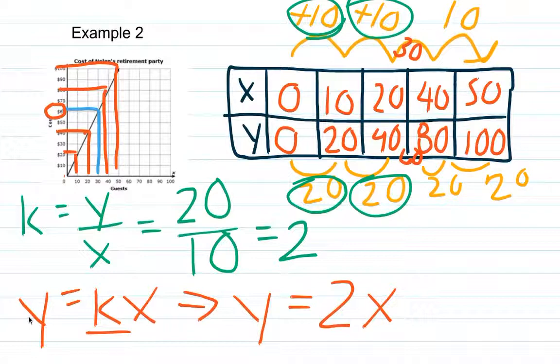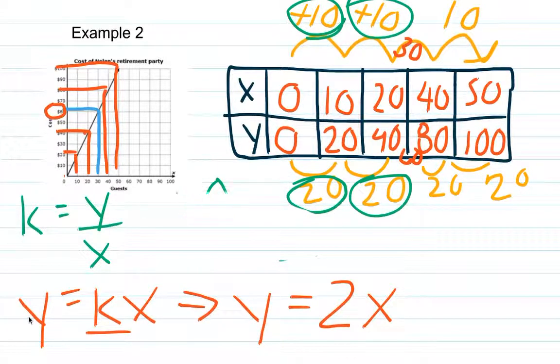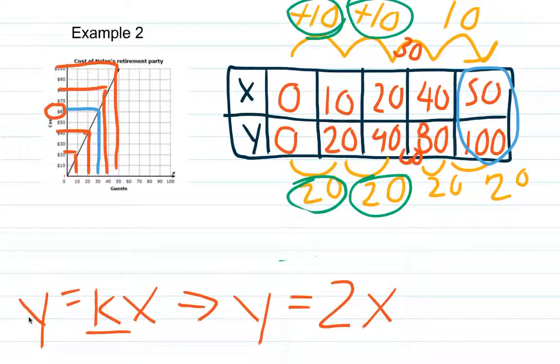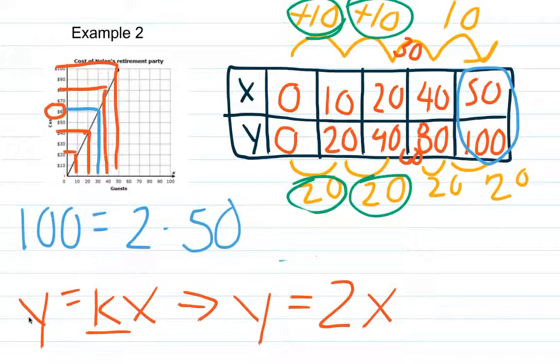And again, checking my answers, I'm going to erase some of the prior work just to give myself some room. And I'm going to check using the table. So I'm just going to go for the biggie, 50 and 100. 100 is y, so 100 equals 2 times x, which is 50, and that's true, because 2 times 50 is 100.